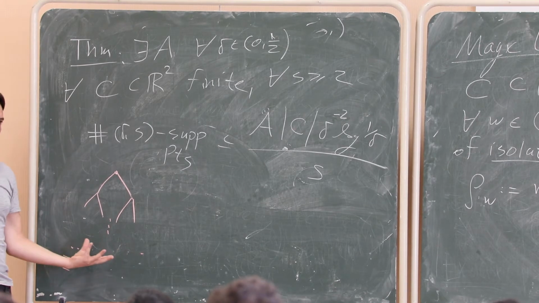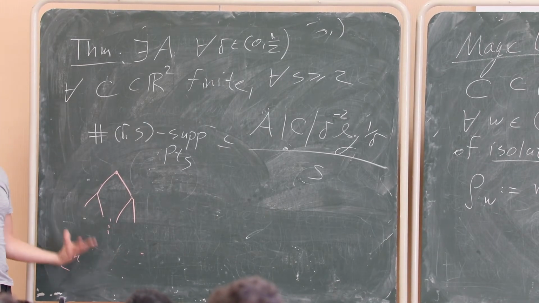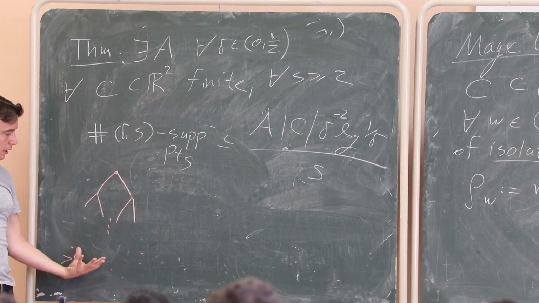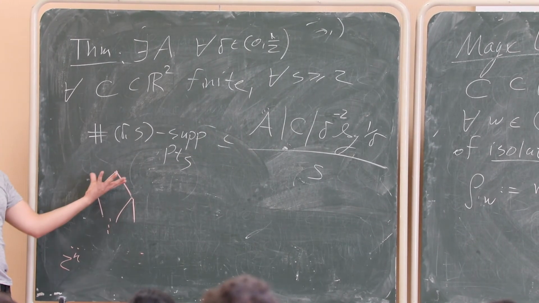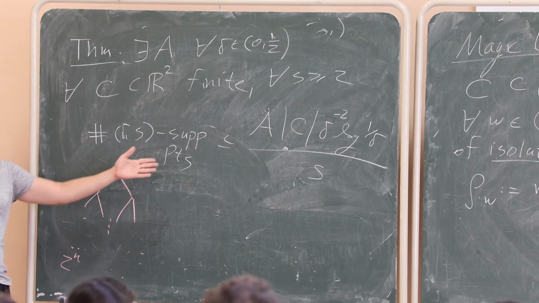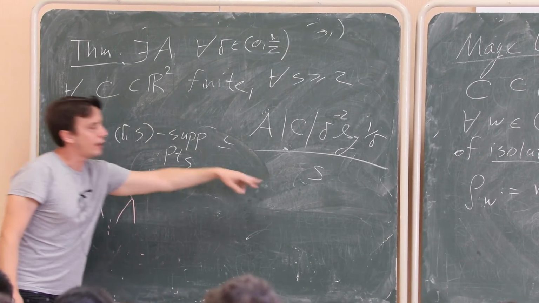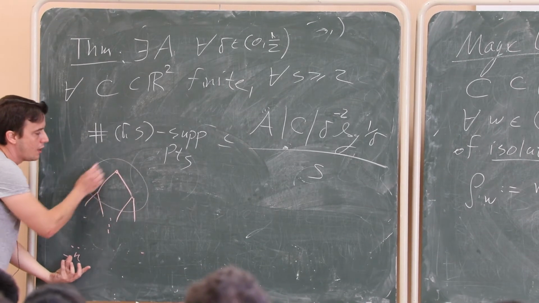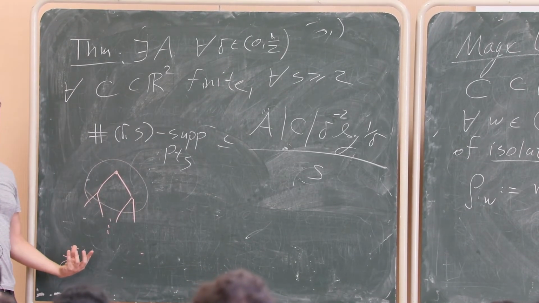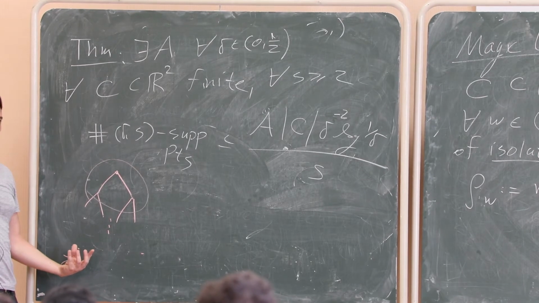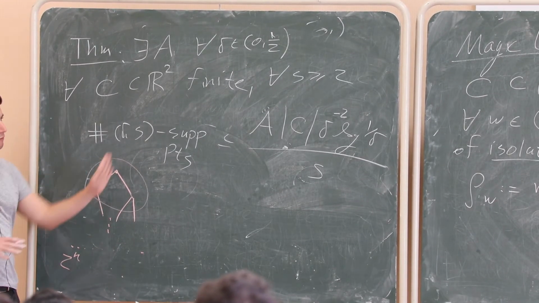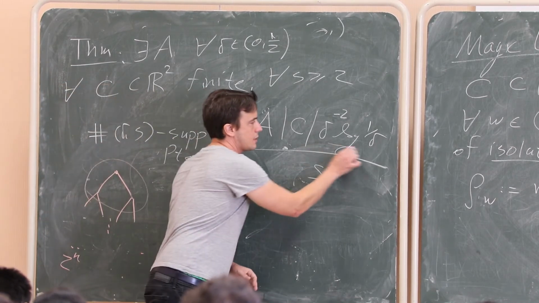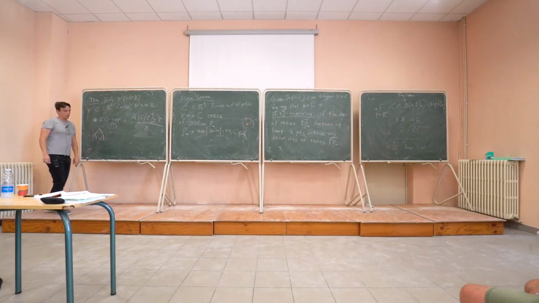So here I have an actual drawing. If the vertices of the binary tree are my set of points, not just the leaves, everything, and I choose S to be of order n and delta to be some large constant, you can convince yourself that only the topmost vertices are going to be the delta S supported points, and the rest of them are not. So it fits exactly. And in fact, this lemma is tight except for this log.